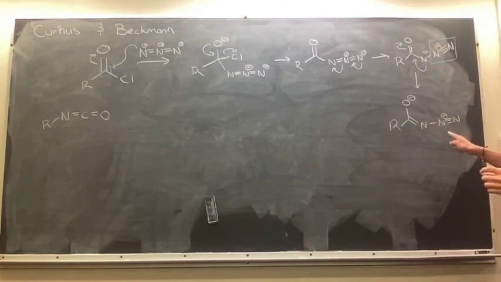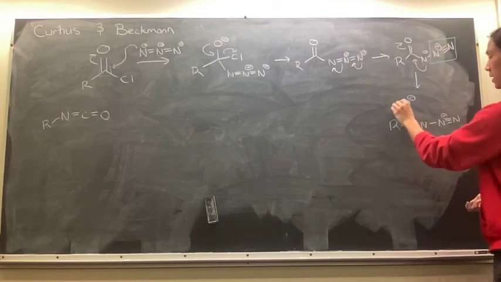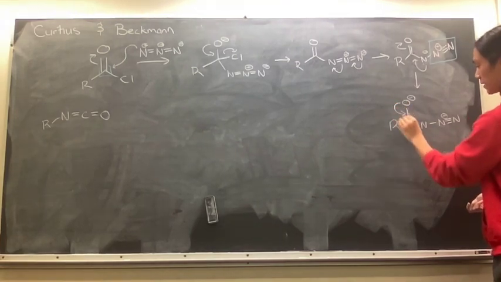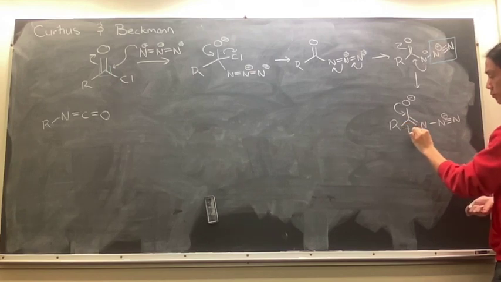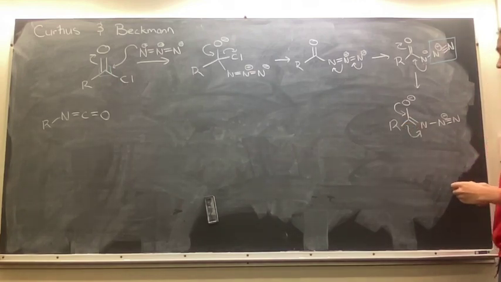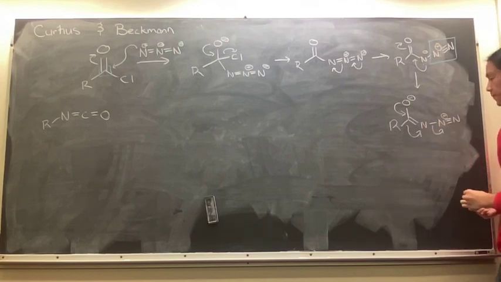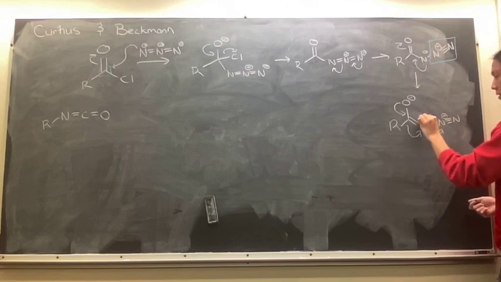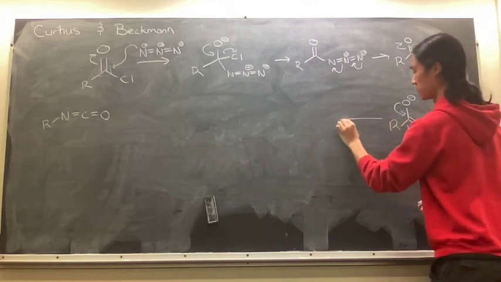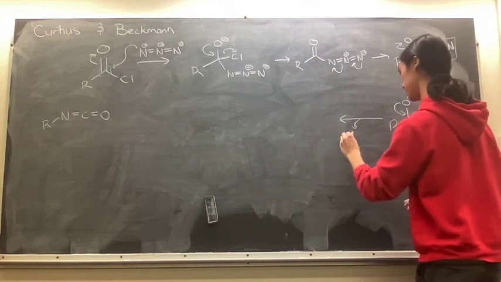Now to get this to leave, we need to basically catalyze this somehow, and we're just going to send this right back down. But this bond right here is going to break, connect to the nitrogen. Now this has three bonds to it, so this bond can break, and we'll lose the N2, which is perfect for us.